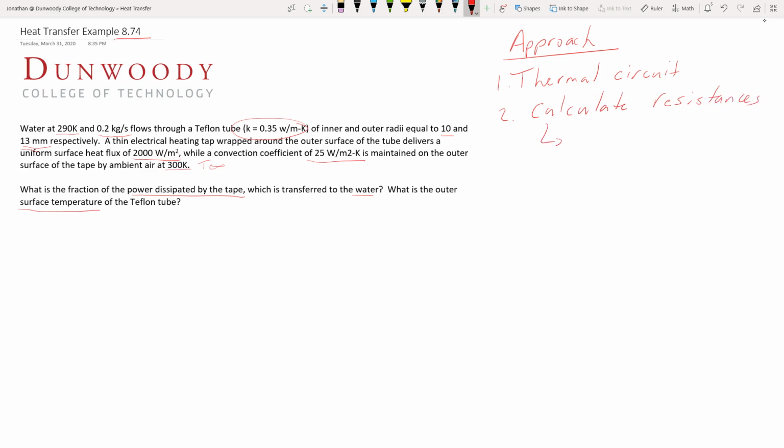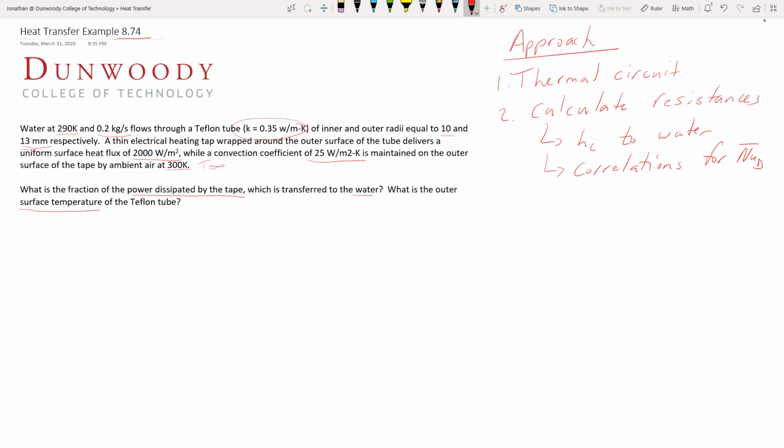As part of that, we need h_i to the water, and that will include some correlations for internal heat transfer. So we'll need some average Nusselt numbers for that. Maybe laminar, maybe something turbulent, maybe something in between. So we'll see where we end up.